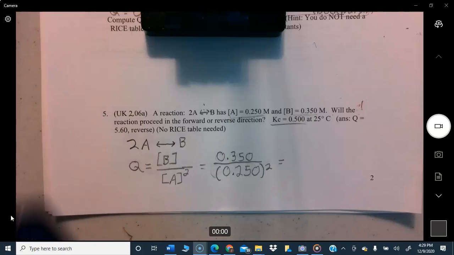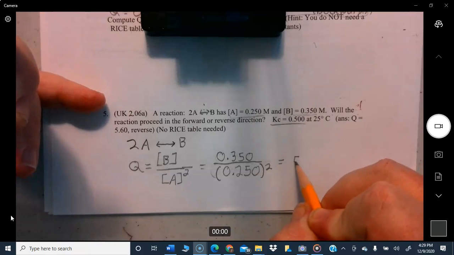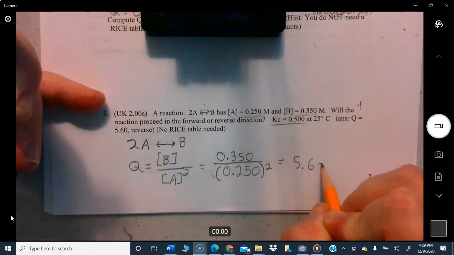So go ahead and run those numbers. It's 0.350 divided by 0.250 squared. PEMDAS says it's going to do that square on the bottom before it does the division, and we get 5.6 equals Q.